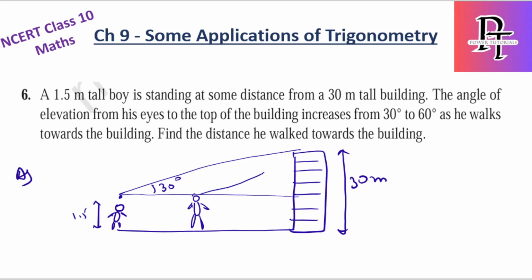From here the angle of elevation has increased to 60 degrees, because as we keep coming closer to the building, he has to keep lifting his head higher to see the building, so the angle also increases accordingly. So starting it is 30, now becomes 60. They are asking what is the distance he traveled towards the building. Hope everyone understood the question. Now let's try it with respect to the diagram and solve it.